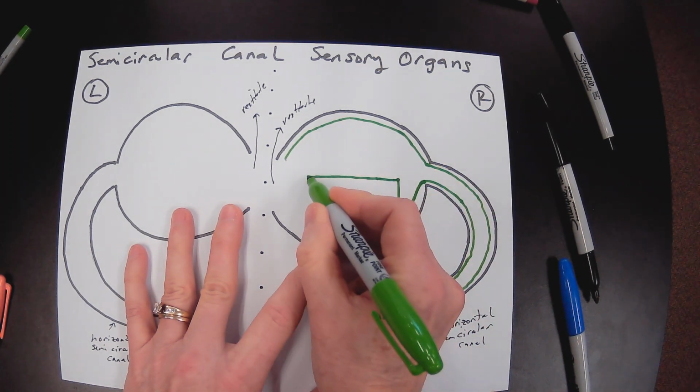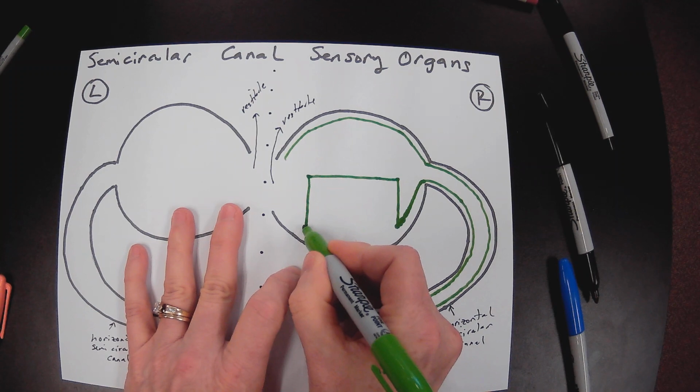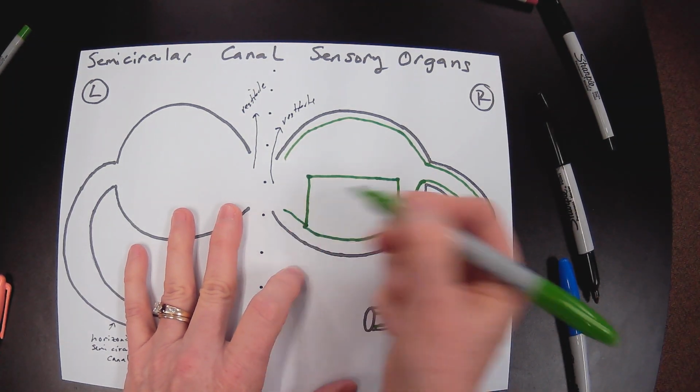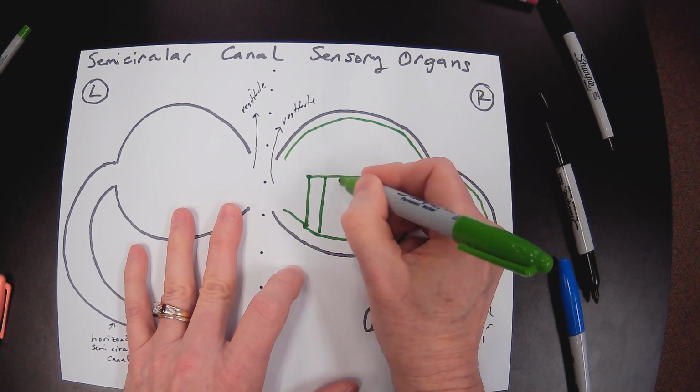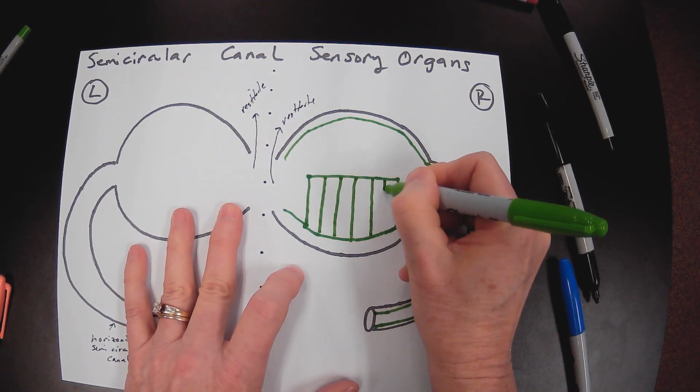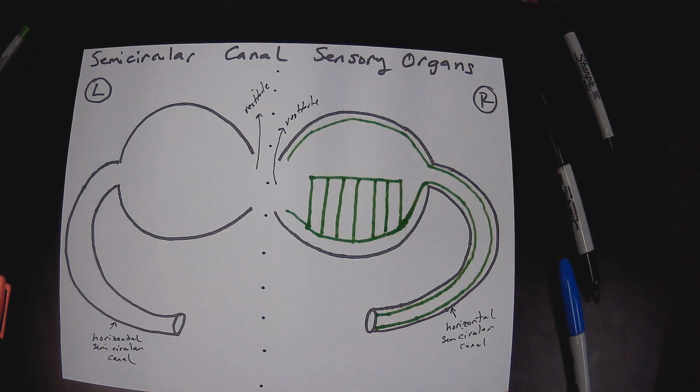Again, these are tall cells. These are just coming off the membranous labyrinth. They're just tall cells.